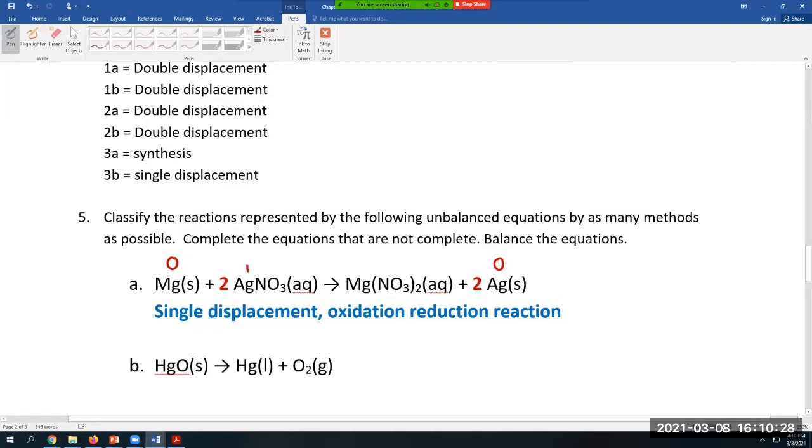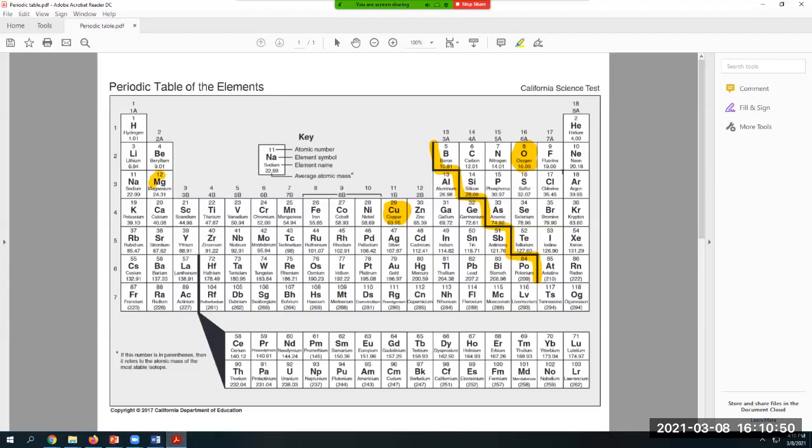So silver will be +1 here. And then magnesium in the nitrate compound, magnesium will be 2+ because we have 2 nitrates, bringing 2 negative charges. So we need magnesium to be 2+, which fits because magnesium is in group 2A, and that's a 2+ ion.